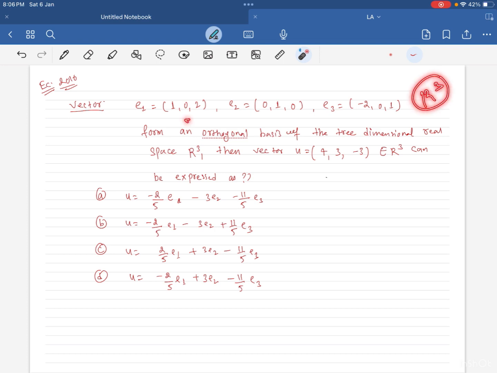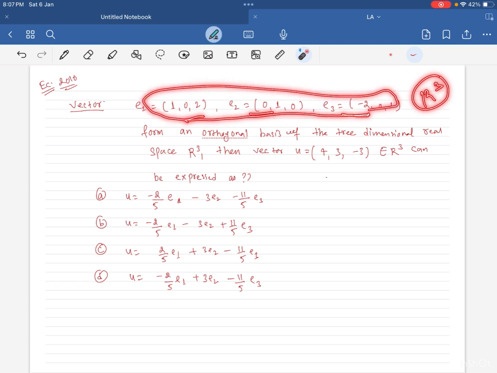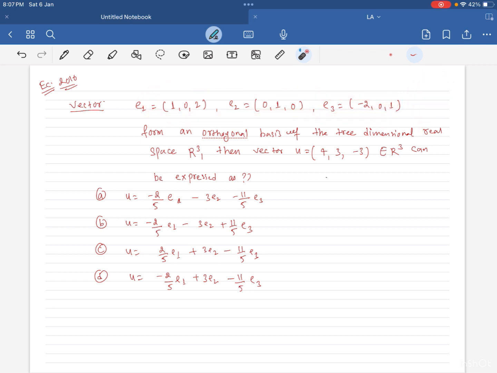That means these three vectors can give you the complete 3D space if you take any combination of these three vectors. By taking any combination you can reach any point in this R cube. That is what it means.